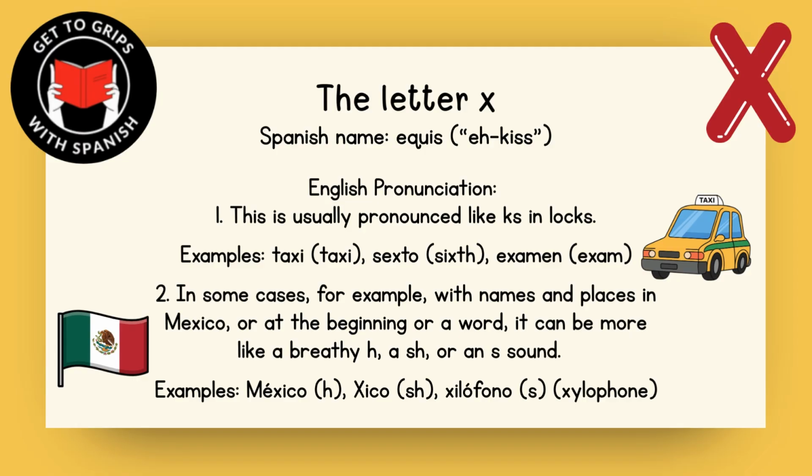In some cases, for example with names and places in Mexico, or at the beginning of a word, it can be more like a breathy H sound, a sh sound, or an S sound. For example, México is an H sound, Chiapas, which is a place in Mexico, is a sh sound, and xilófono is an s sound. So this is the letter X.